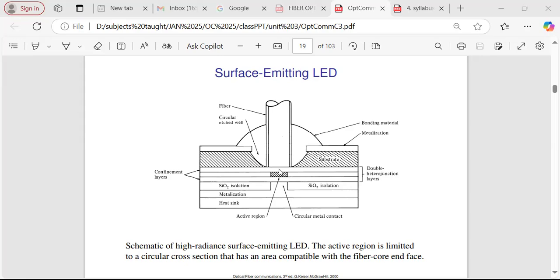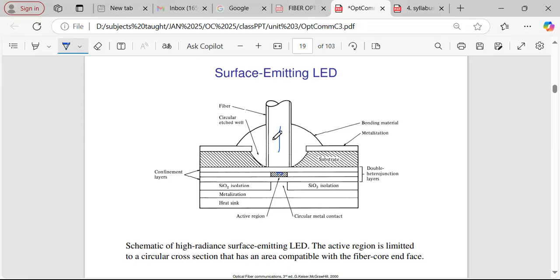This fiber receives the light from this active region. This is the fiber, and this is the active region from where the light is emitted, and this is the optical fiber cable which receives the emitted photon.